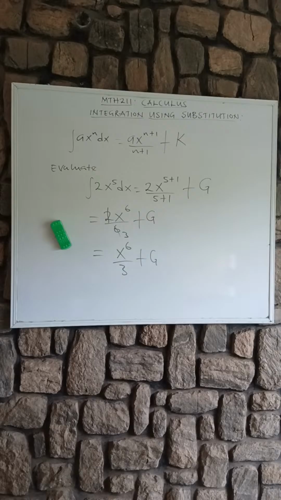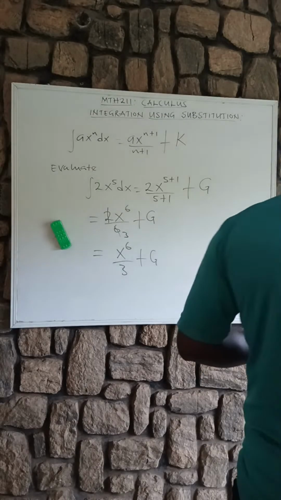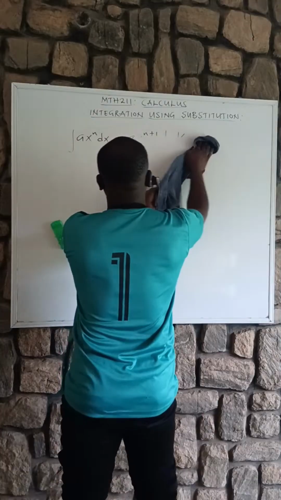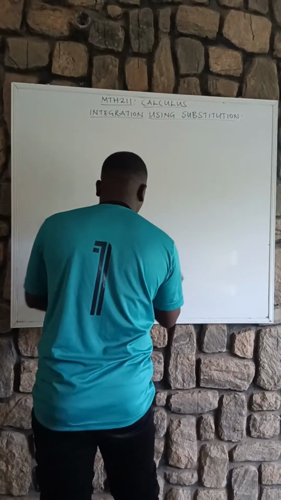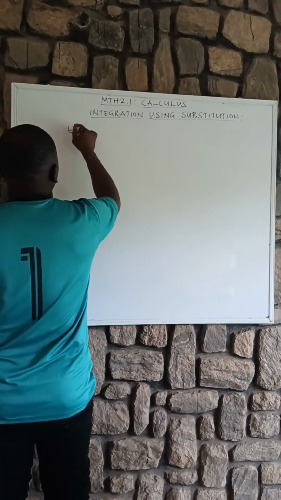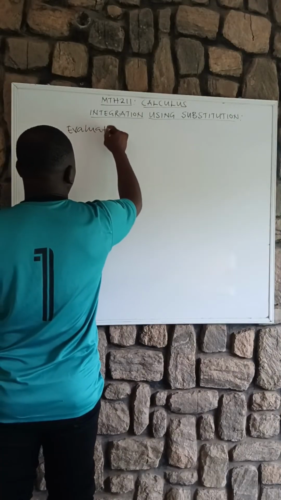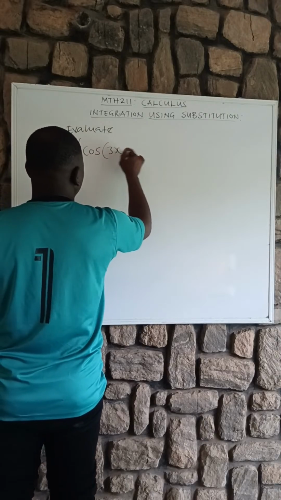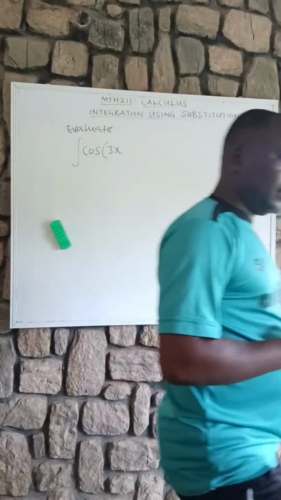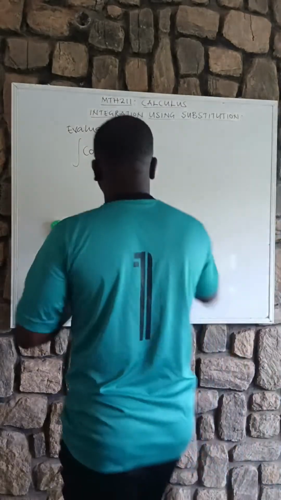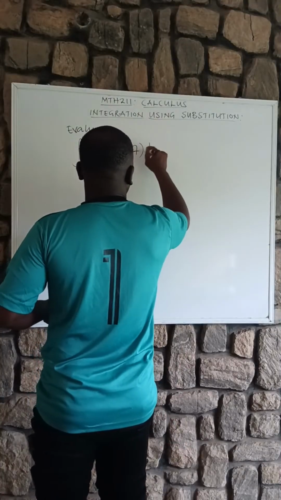Assuming you are asked to evaluate, when you come across functions of this form, evaluate the integral of cos(3x + 7) dx.